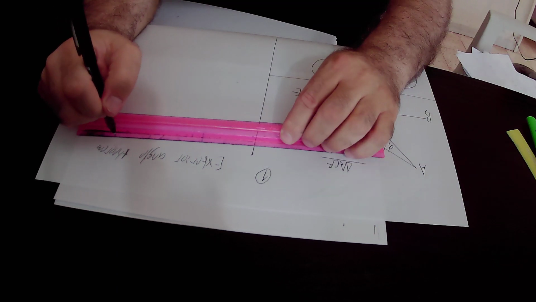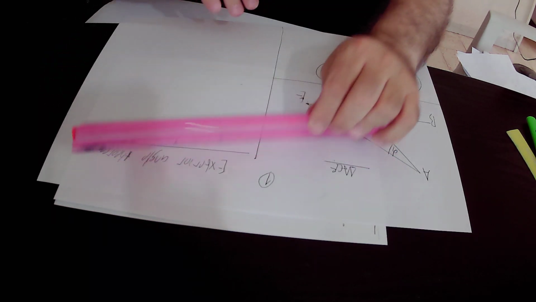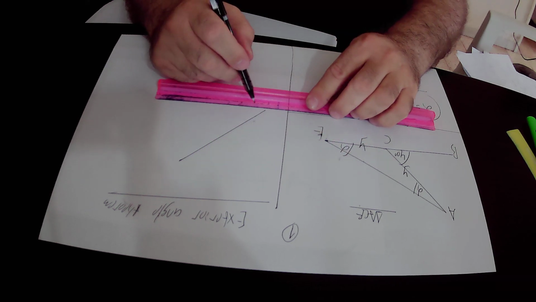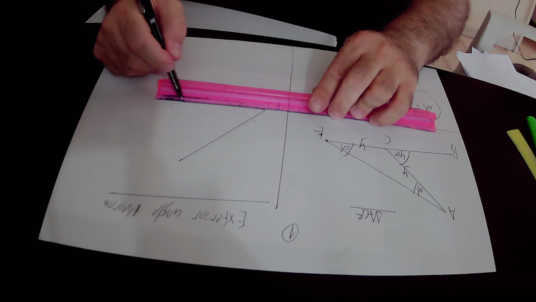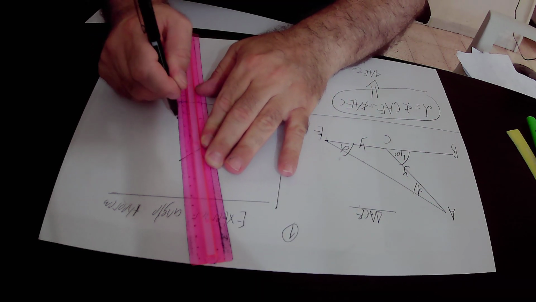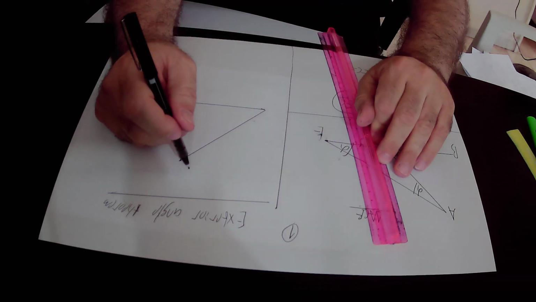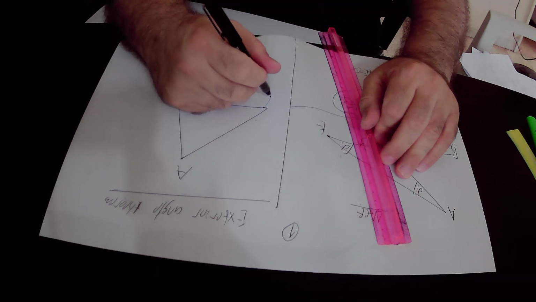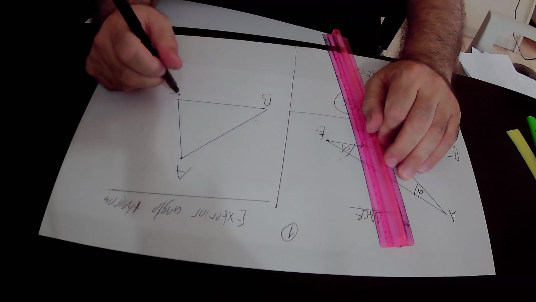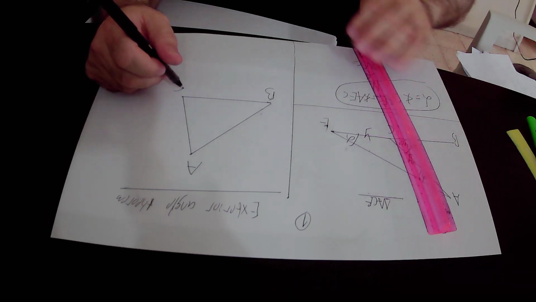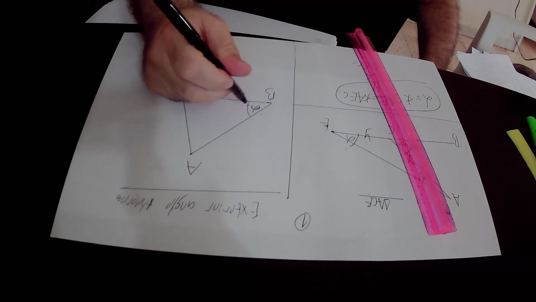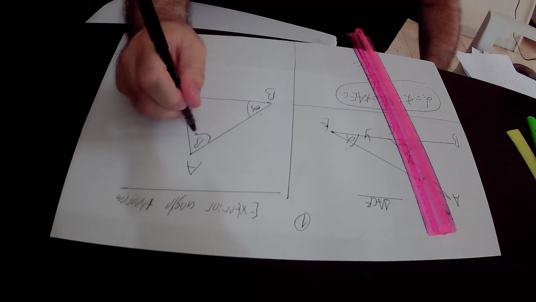First of all, the exterior angle theorem is true in any triangle. So here we have a triangle ABC that could be any triangle. Triangle ABC has three angles. This is angle alpha. This is angle beta. And this is angle gamma.